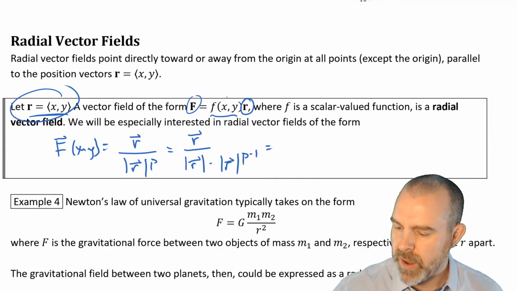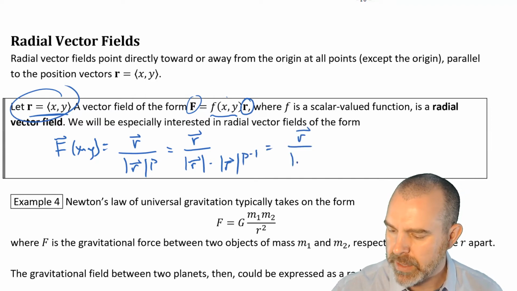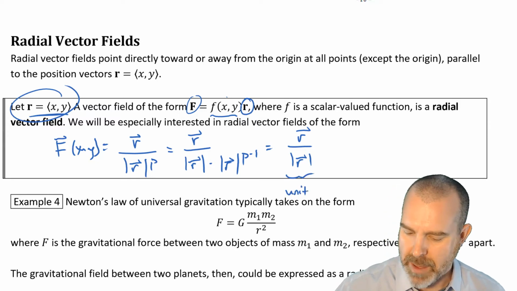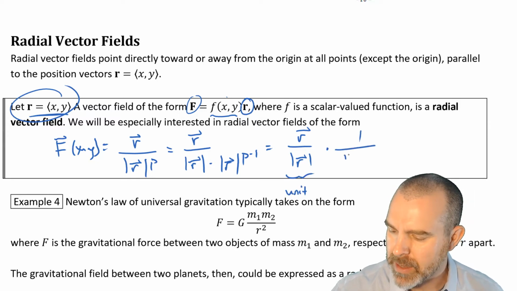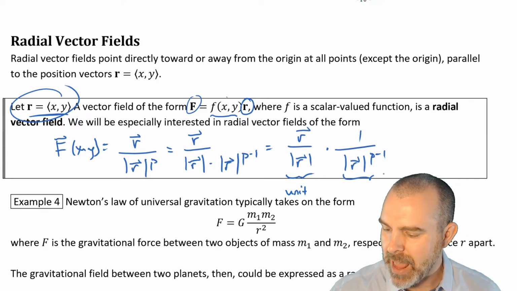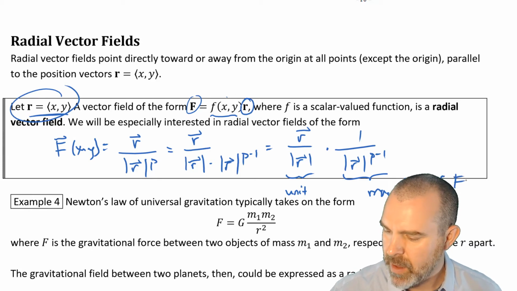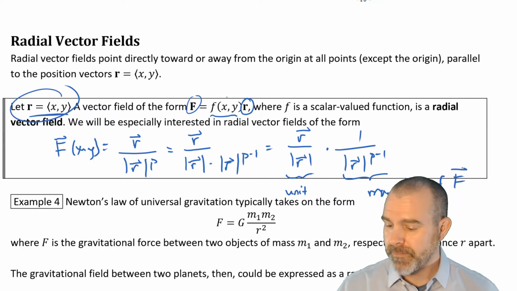What you end up with is r over its magnitude, which we know is a unit vector, multiplied by some r to the p minus 1, whatever that is, and that ends up being the magnitude of the vector field.